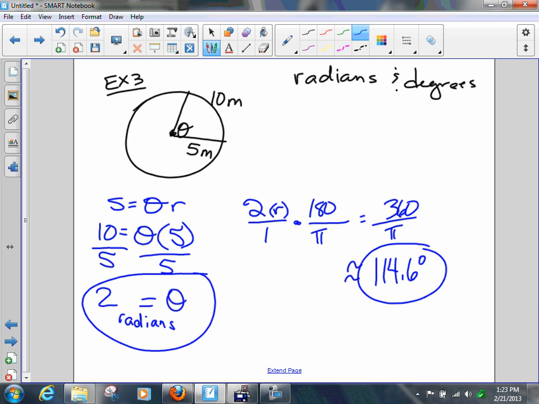S equals theta R. If you're given the arc length and the angle, can you find the radius? Yes. Y'all are like, what? Are you teaching? What are you doing?